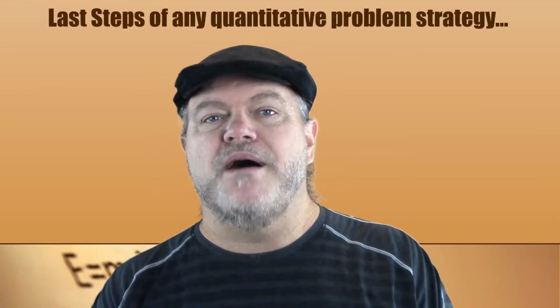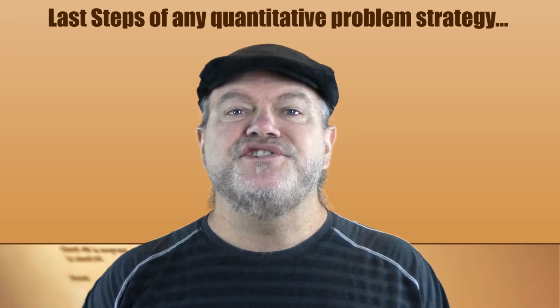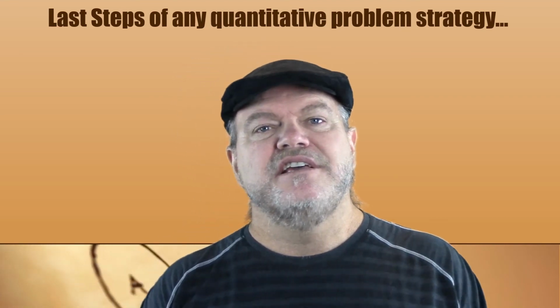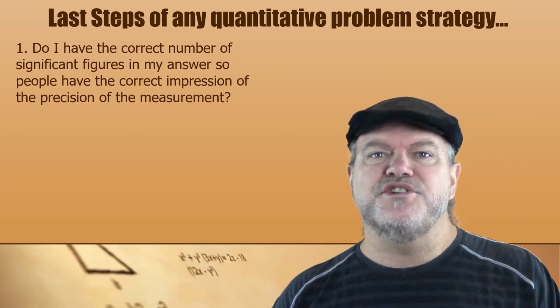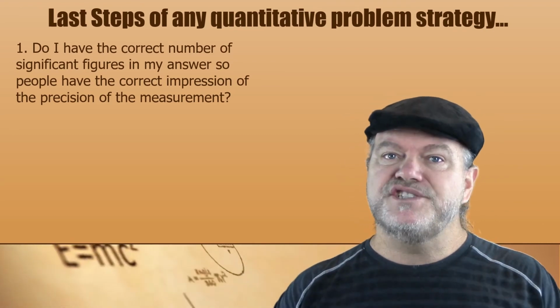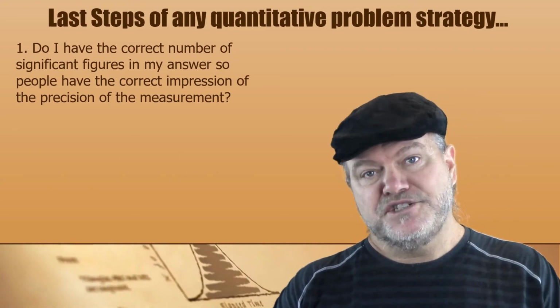When doing a measurement or an assigned chemistry problem, the last questions you want to ask yourself are, one, do I have the right number of significant digits in my answer so people have the correct impression of the precision of the measurements?